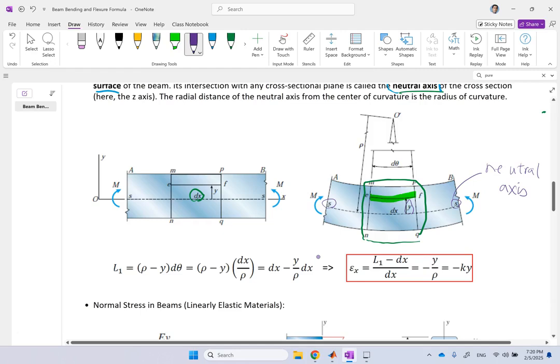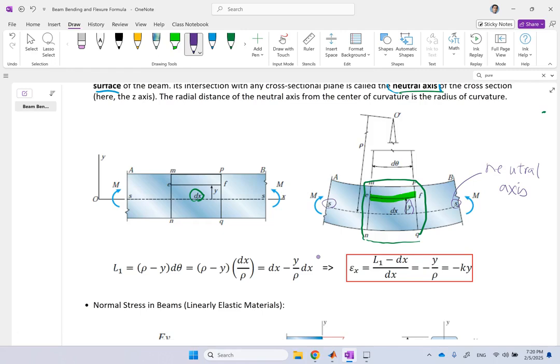Now we're going to look at the deformation of this element EF. Initially, it was only a line with length dx. Now it is a curve with angle d theta in front of it. And what radius? What is the radius from this EF to the center?